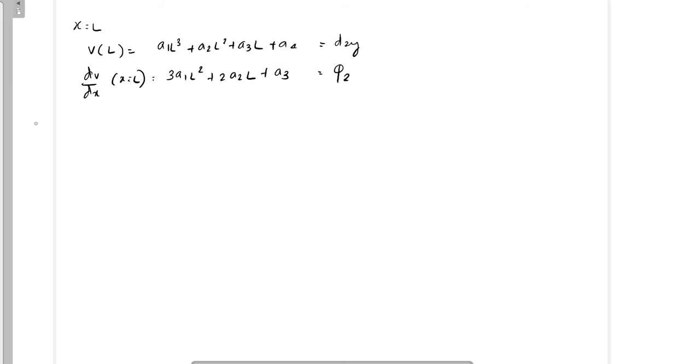So keeping the equation, we can substitute the values of a3 and a4. So dv by dx at x equal to L, referred to as phi 2, is 3a1 L squared plus 2a2 L plus the a3 value.